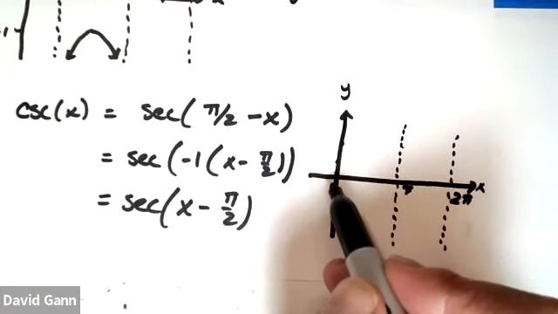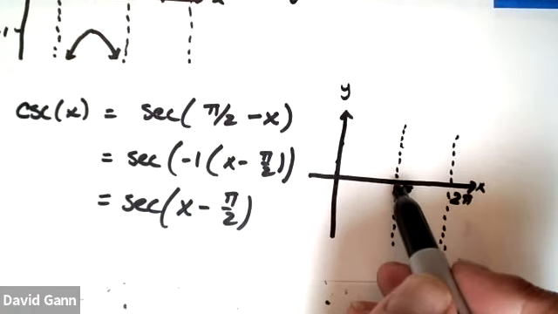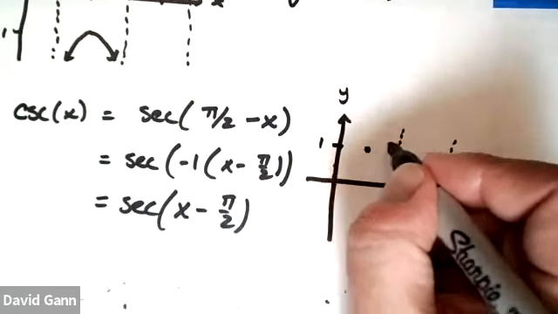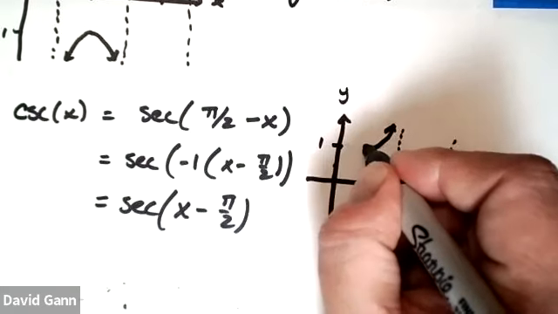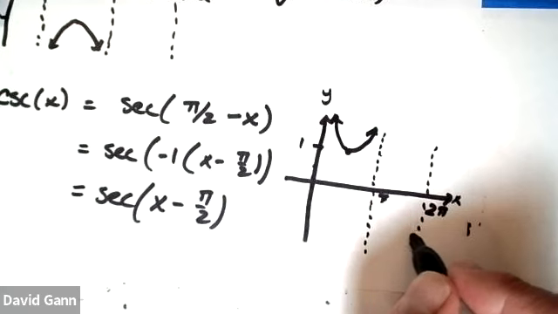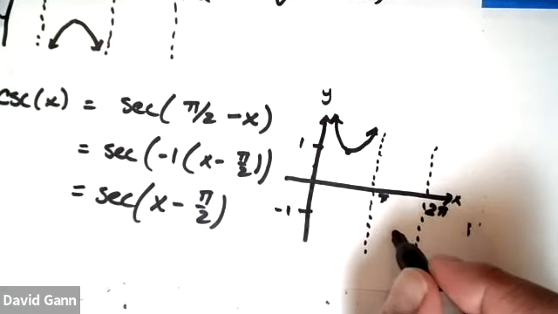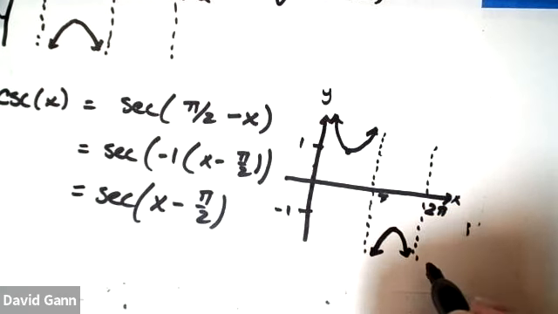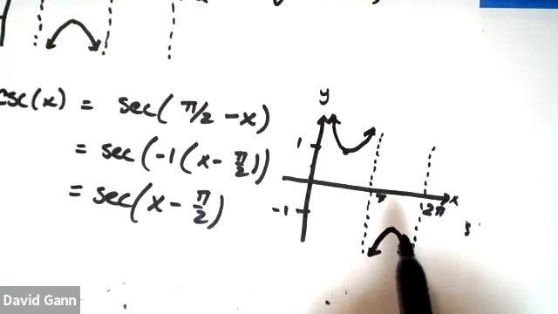Cosecant is positive in quadrants 1 and 2. It has this minimum at 1. And in quadrants 3 and 4, it's negative, and it has this maximum at 3 pi over 2.